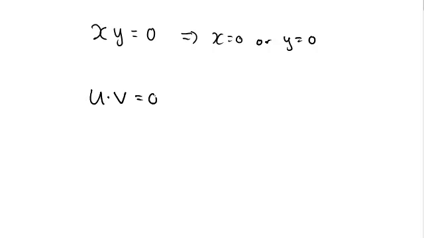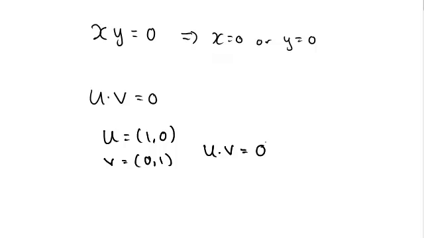You can have the dot product being equal to 0 and still have the case where neither u nor v is a 0 vector, that is a vector with all its elements equal to 0. For example, if u is (1, 0) and v is (0, 1), then you can easily check that u dot v is 0, but neither u nor v is the 0 vector.